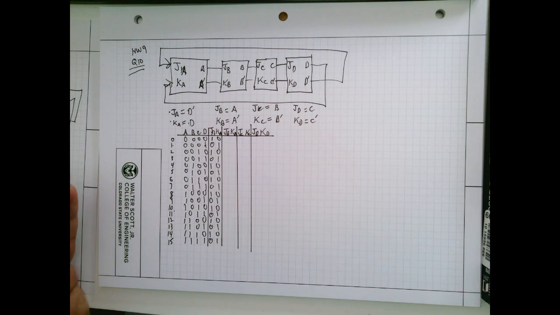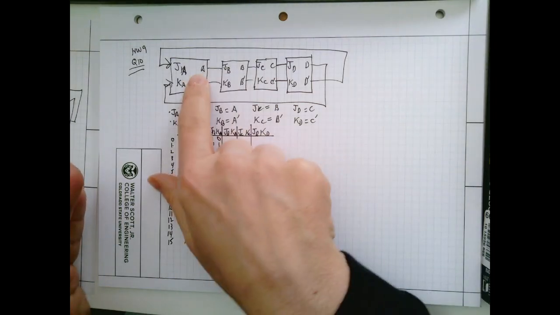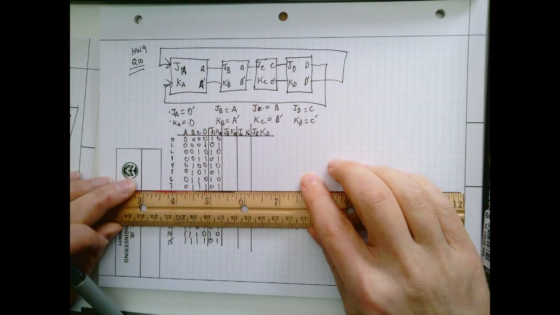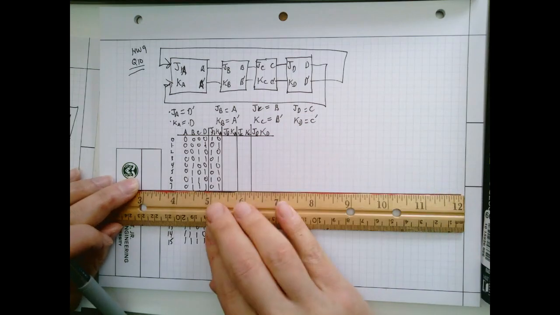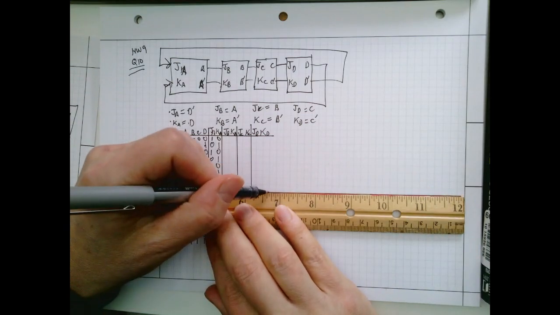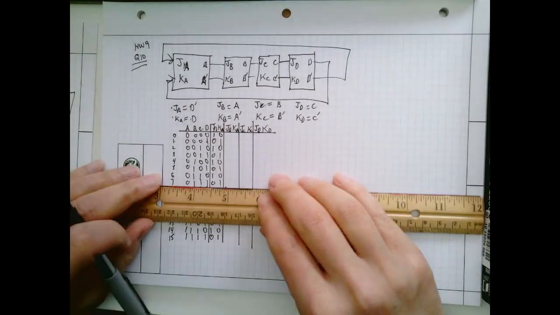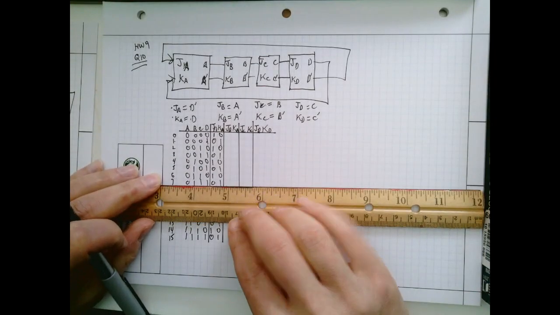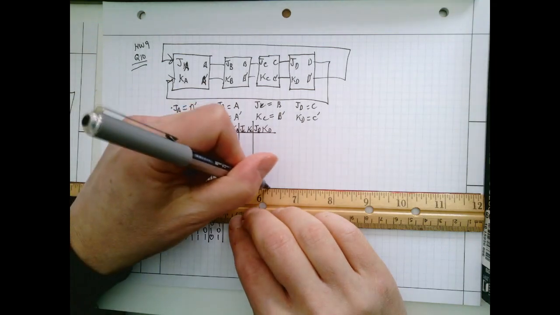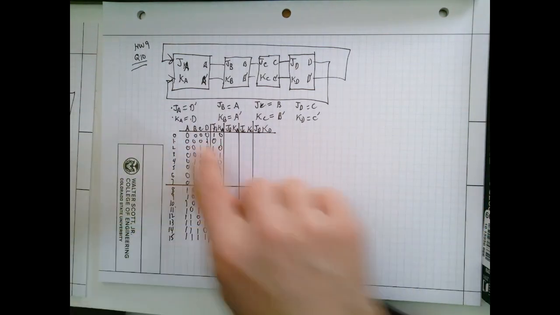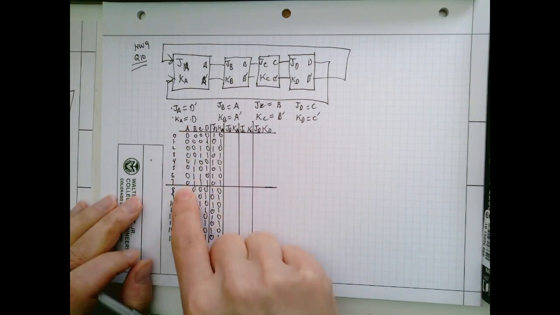So similarly, if J sub B is equal to A, then I can just take A, and I'll carve out the part where A changes, just right in here. Oh, nothing got written. What happened? Right, so A is 0 all the way in through here, and then it becomes 1.